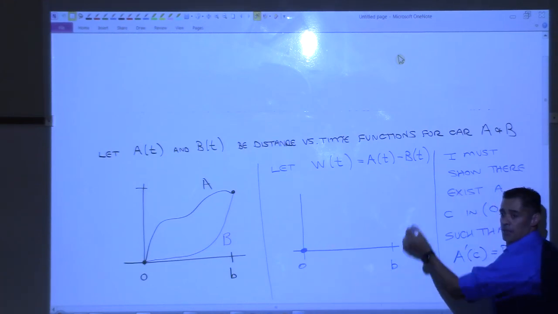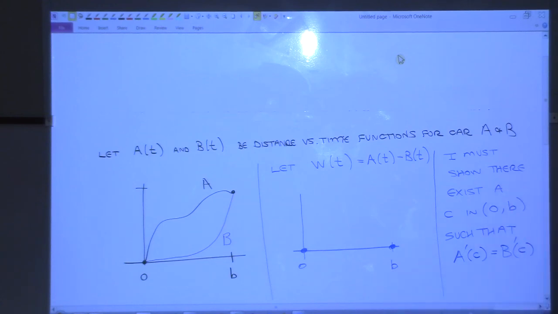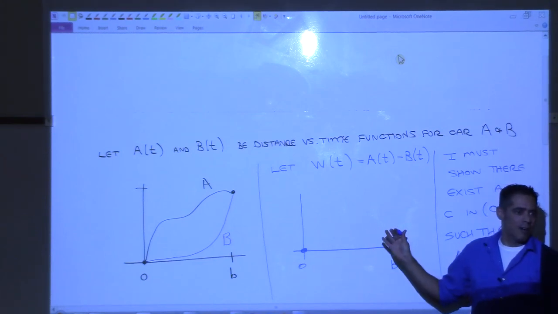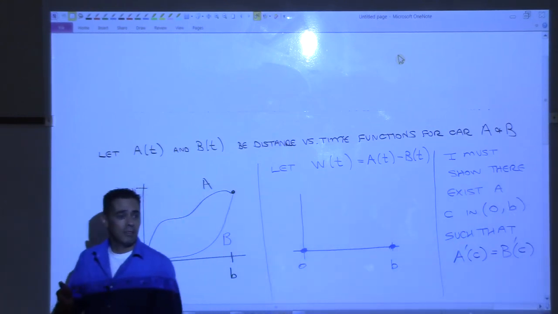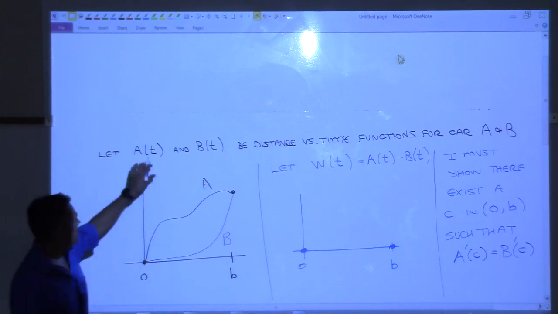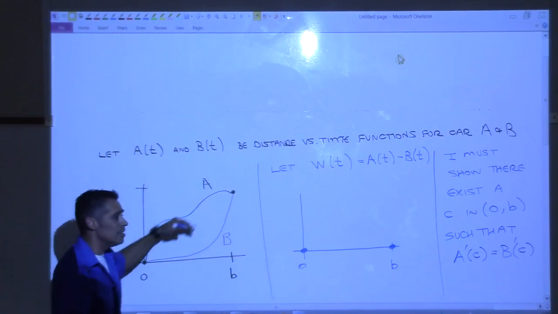And at b, W is here. Now, W in between here, I don't really even care what it looks like. What I do care about is whether or not it's continuous. Is it continuous? Why? These are both continuous because the car doesn't vanish and come back, right? So these are both continuous curves.